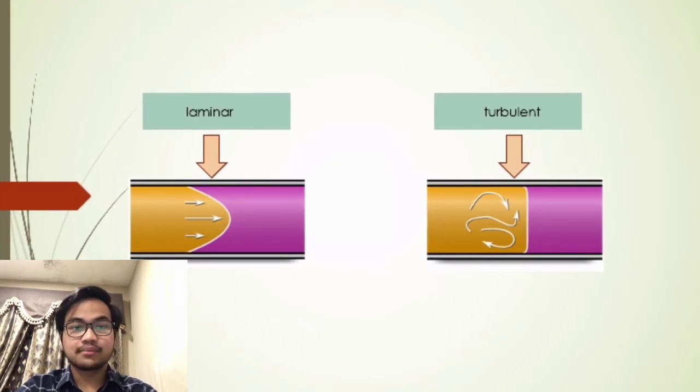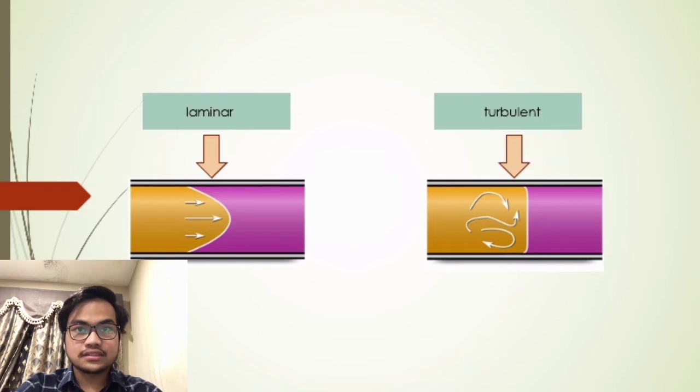As you can see in my second slide, the laminar and turbulent flow paths suit the differences that I have mentioned earlier. In laminar flow, the fluid particles move in straight lines, but turbulent flow moves irregularly.